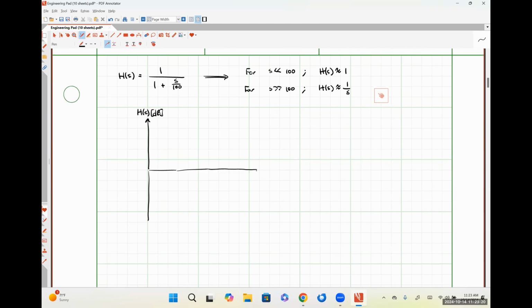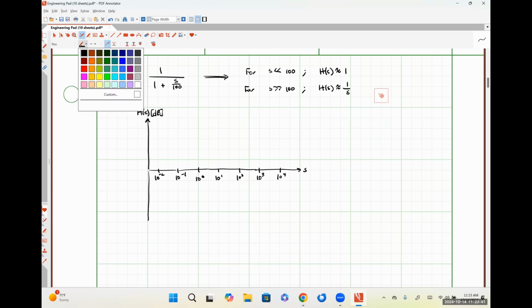So let me make this longer. So if this was still 10 to the 1, it's going to be 10 to the 0, 10 to the minus 1, 10 to the minus 2, 10 to the plus 1, 10 to the plus 2, 10 to the 3, 10 to the 4.